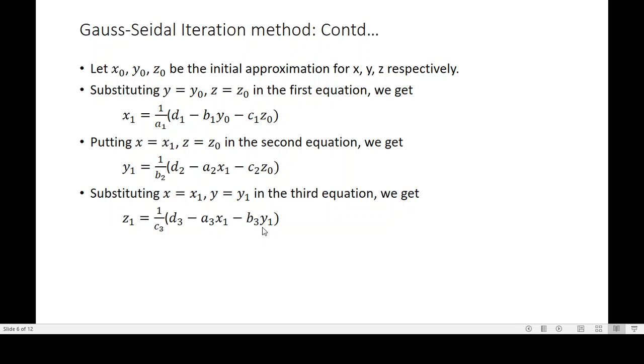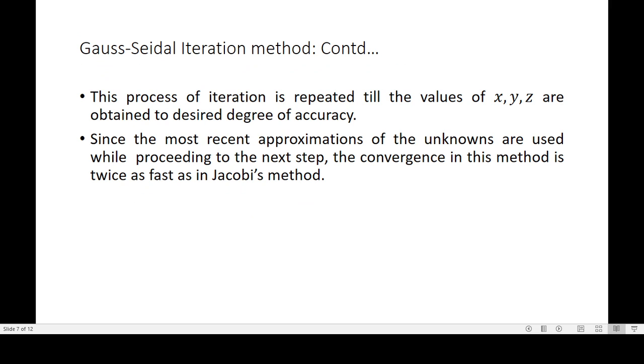So recent approximations are used while substituting the values. So this is Gauss Seidal iteration method, in which the convergence is faster compared to Gauss-Jacobi's iteration method. So we stop the process when the desired values are obtained to the desired degree of accuracy.